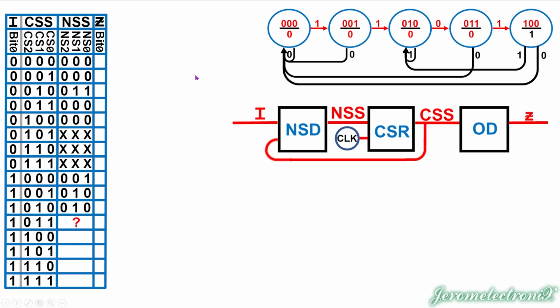And then if we are in state 3, which is 011, and we get a 1, well, that transitions us to state 4. And if we're in state 4 and we get a 1, that, according to the graph, transitions us back because we have the first 2 digits here. That takes us back to the middle state, 010 or state 2. And then the next one is state 5, don't care. State 6, don't care. State 7, don't care.